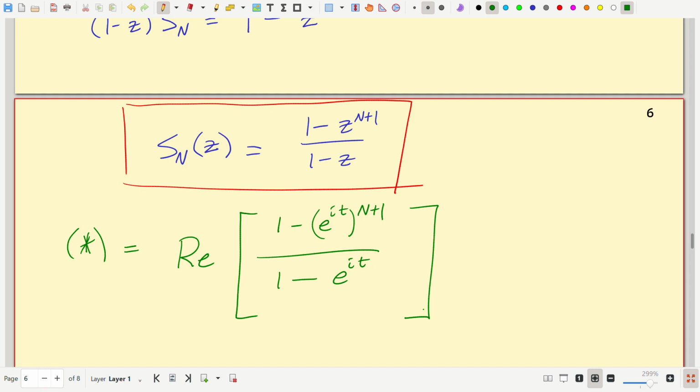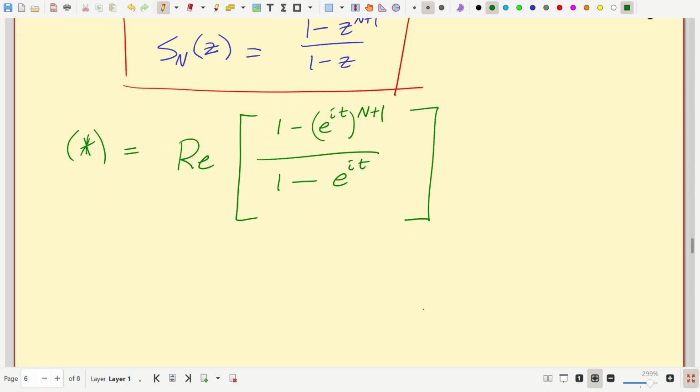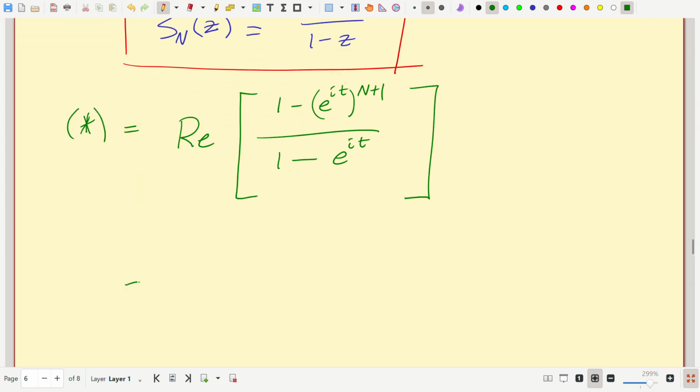Okay, let's see. I'm going to give myself some space. I guess I'll rewrite it. That's equal to the real part. I'll keep the bottom the same. And on the top, I can use de Moivre's formula. That's e to the i(n plus 1)t. And I want to make the bottom of that thing real.